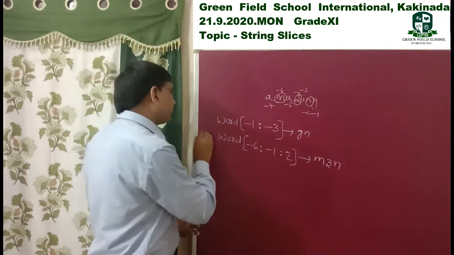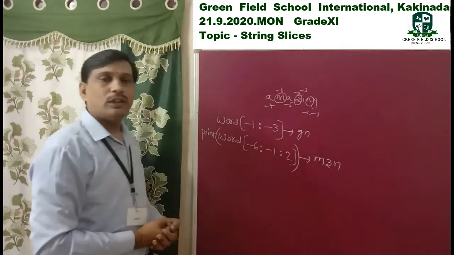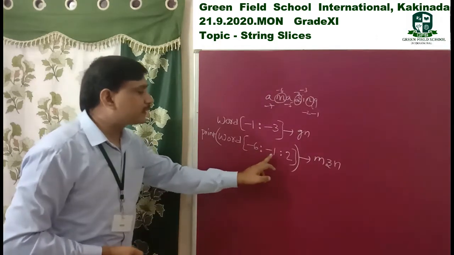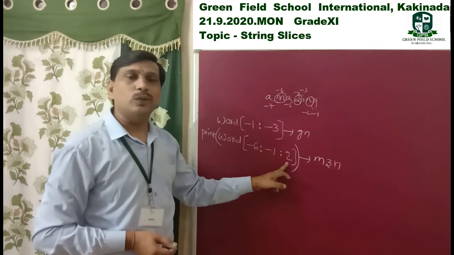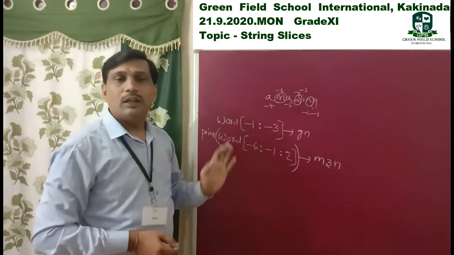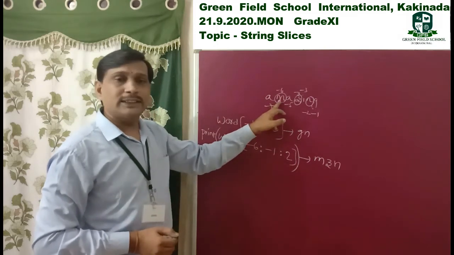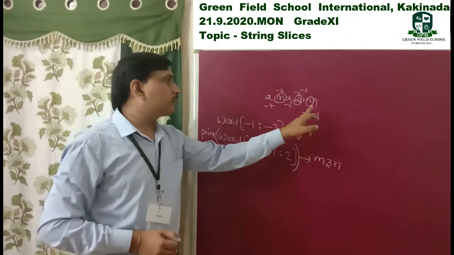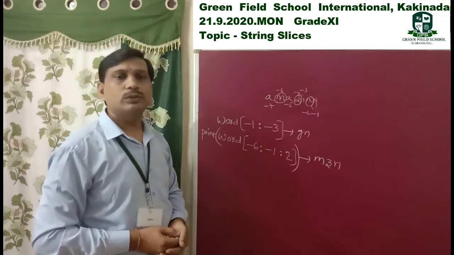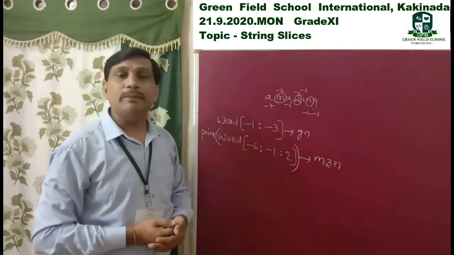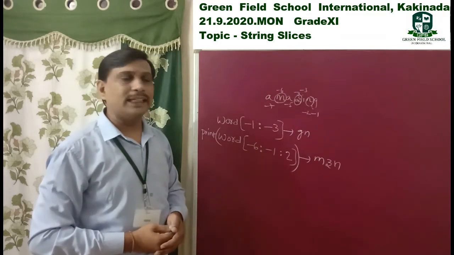When you place this in the print function, print of word of minus 6 to minus 1 with step value 2, it displays in the backward direction. Starting from minus 6 to minus 1, minus 1 means it considers only up to minus 2. Each and every time it increments as we specify the step value. That's why it can access.